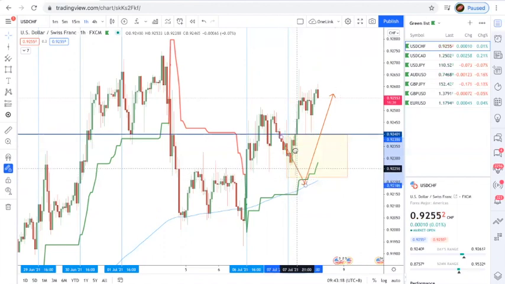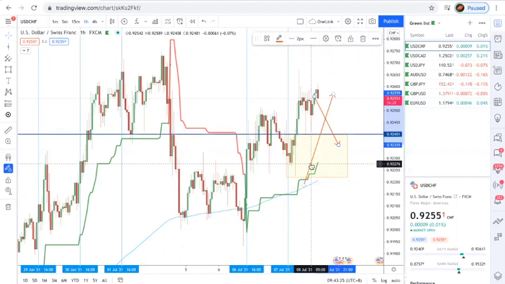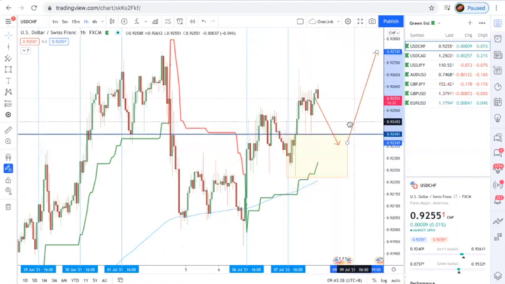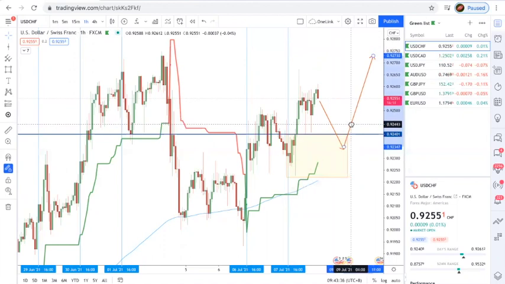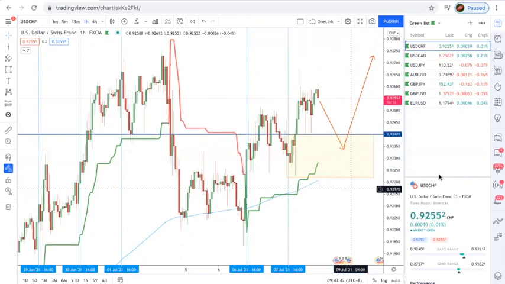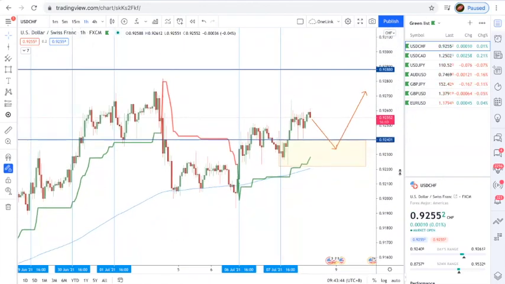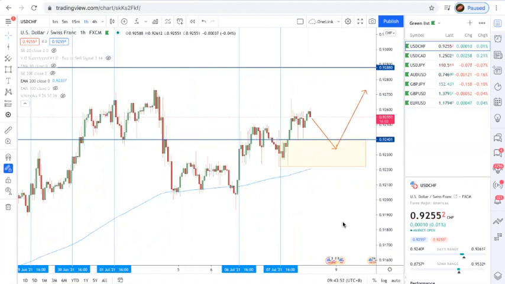The market can go in this direction. So this will be our prediction for that particular pair.